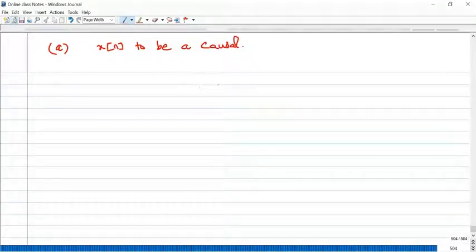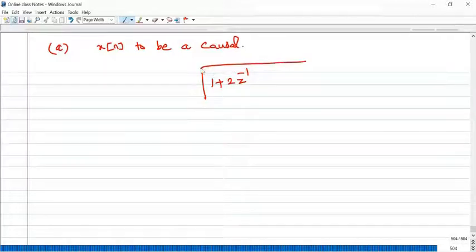So in this example, it is directly given: numerator 1, constant first, and then z power minus 1. So let's take it as it is. If not, you also have to arrange the equation in this order for a causal signal. And denominator 1 minus 2 z power minus 1 plus z power minus 2.